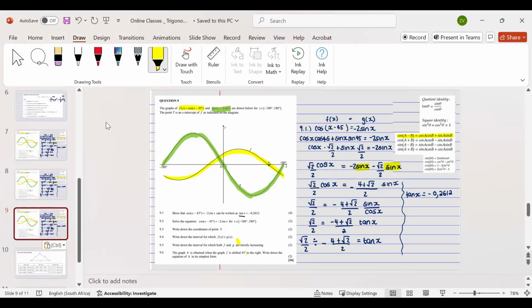Ma'am, yes? You could also solve it similar to how you would solve each general solution, and get the reference angle. No, we're not asking. They didn't ask for the reference angle. The second question asked for the reference angle. So they didn't ask you for the reference angle here. They just want you to simplify it, showing that cos, let me do this.